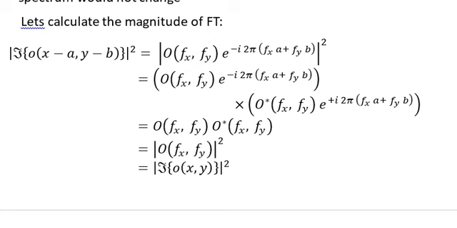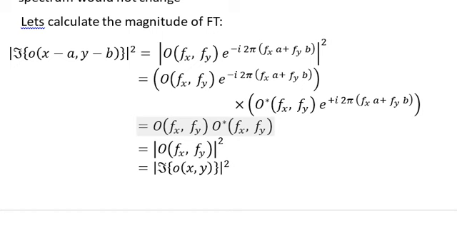Now let's compare the absolute square of the Fourier transform of the shifted object on the left hand side with the absolute square of the Fourier transform of the unshifted object. Both are equal.